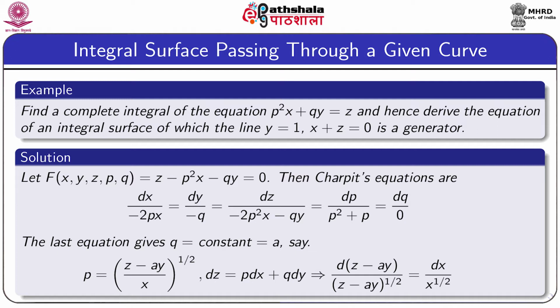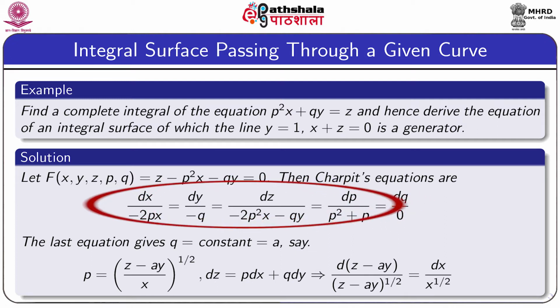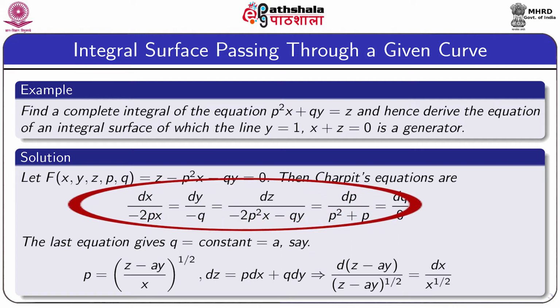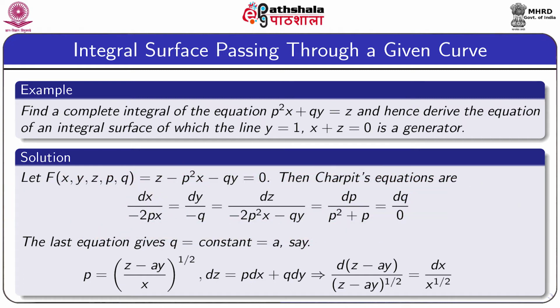We have already learned the Charpit equations in module 2. So, the corresponding Charpit equation becomes, as written in the next line, dx by minus 2px equals dy by minus q equals dz by minus 2p squared x minus qy equals dp by p squared plus p equals dq by 0.